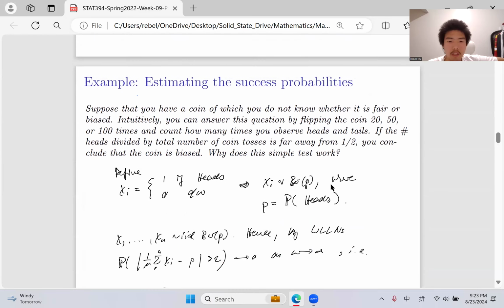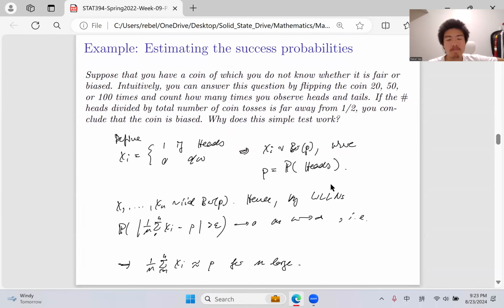Okay, and then let's see some examples of how to use the weak law of large numbers. Just as we indicated before, we can use the coin toss to mimic the process, and reversely, we can also use the weak law of large numbers to indicate the result of the coin toss. Suppose that you have a coin which you do not know whether it's fair or biased.